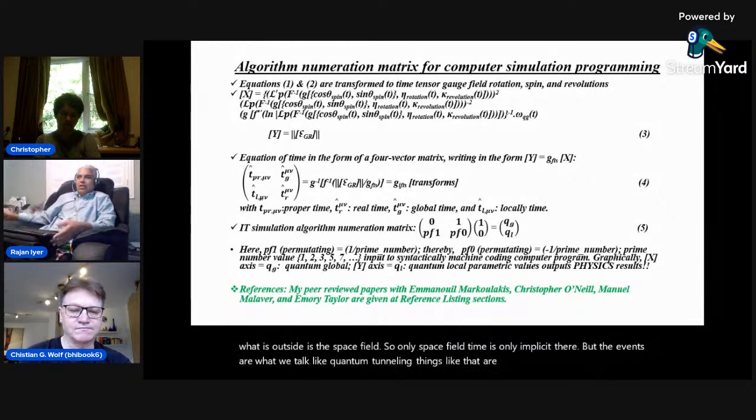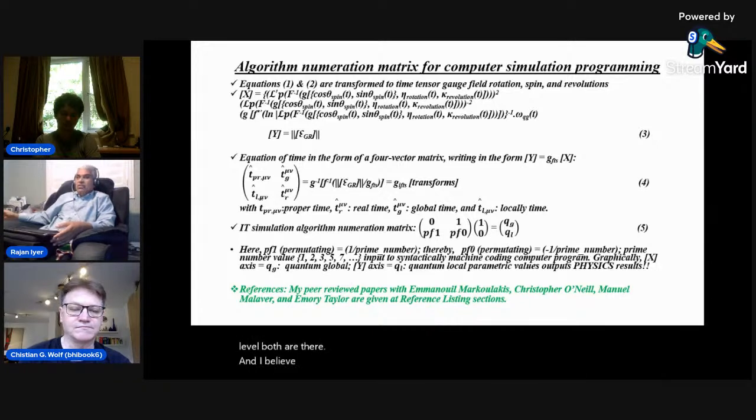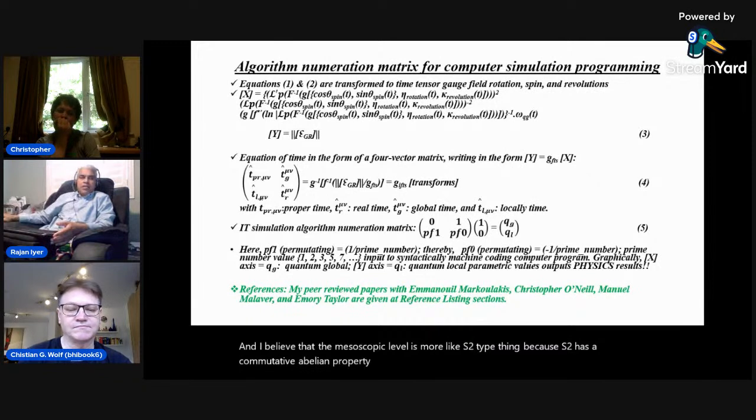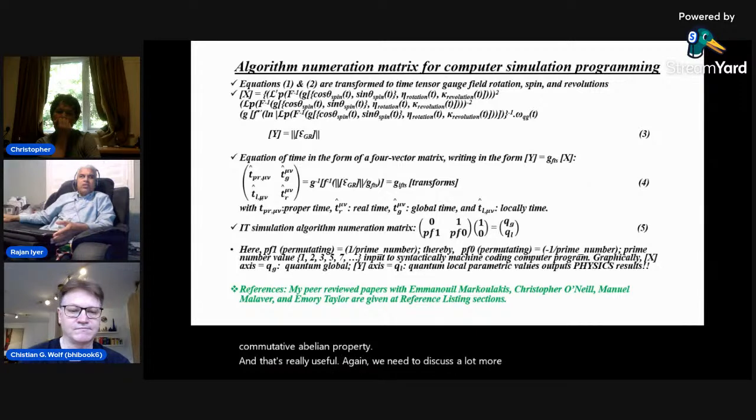We can pull out. At the mesoscopic level, both are there. And I believe that the mesoscopic level is more like an S2 type thing, because S2 has a commutative abelian property, and that's very useful. Again, we need to discuss a lot more to understand what that is.